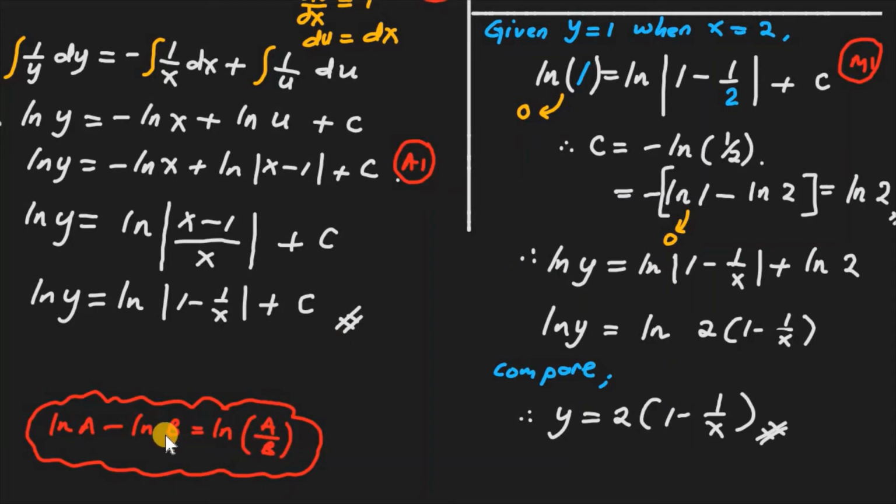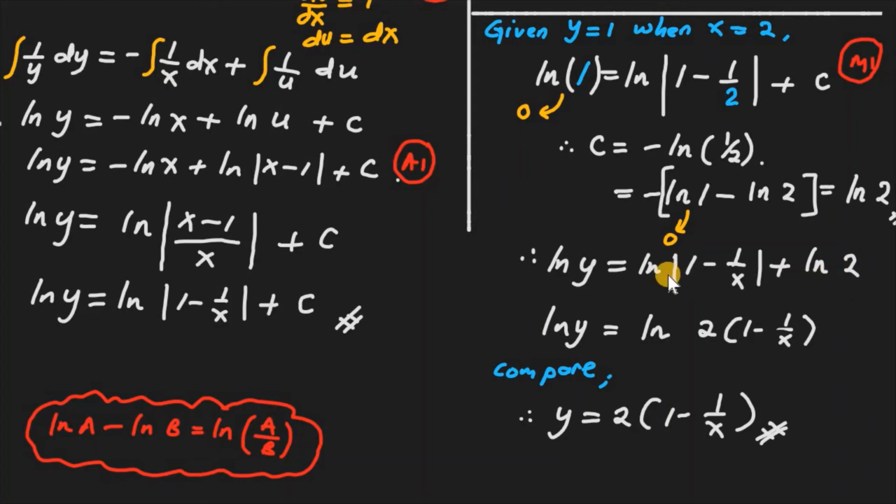Log A over B is log A minus log B, because I see there's a ln 1 again, 0. So we can simplify this such that this value C now, minus minus, it becomes ln 2. So that is the answer for the C. So show it, you replace it, get your answer there for the C.